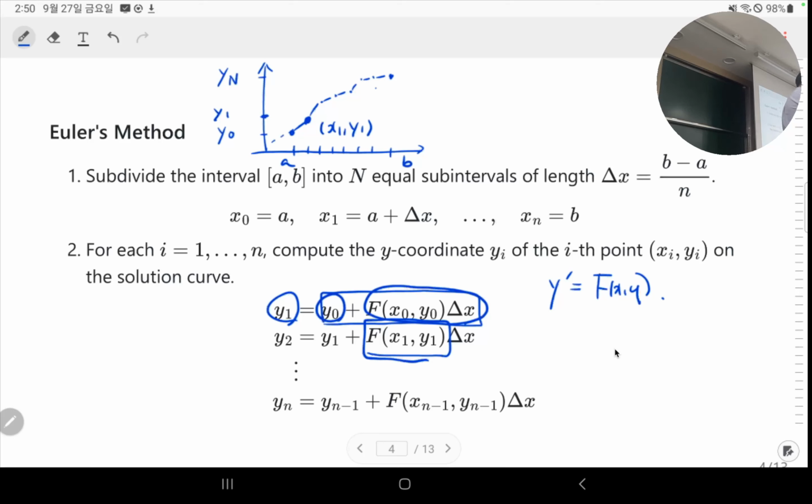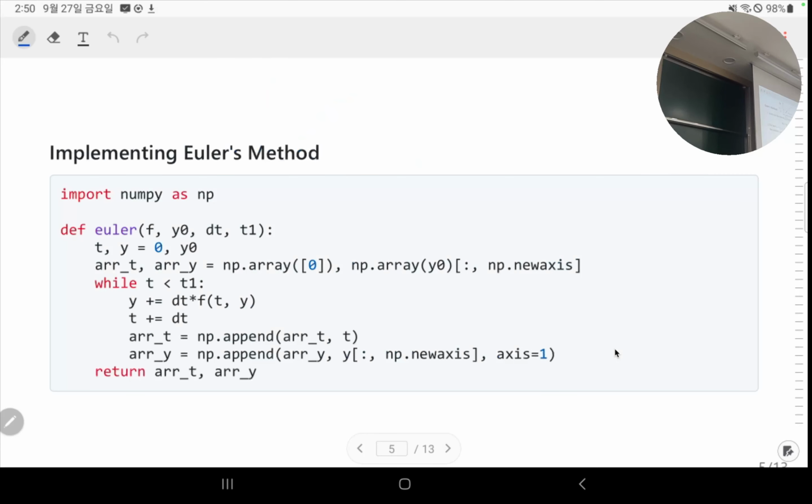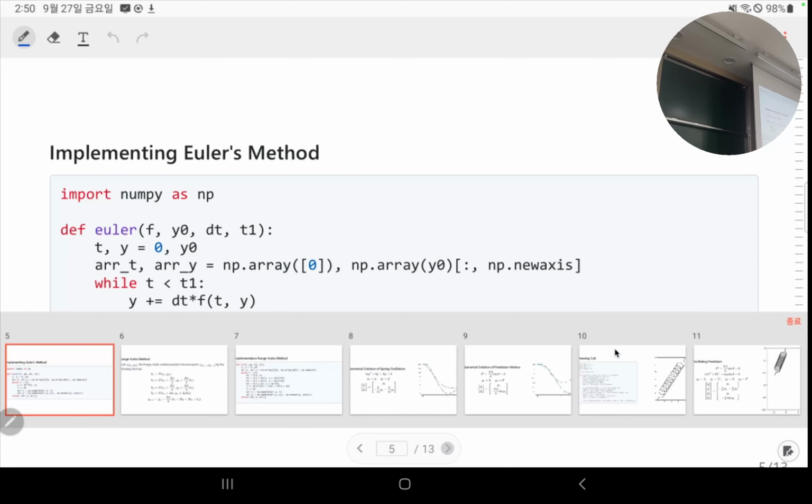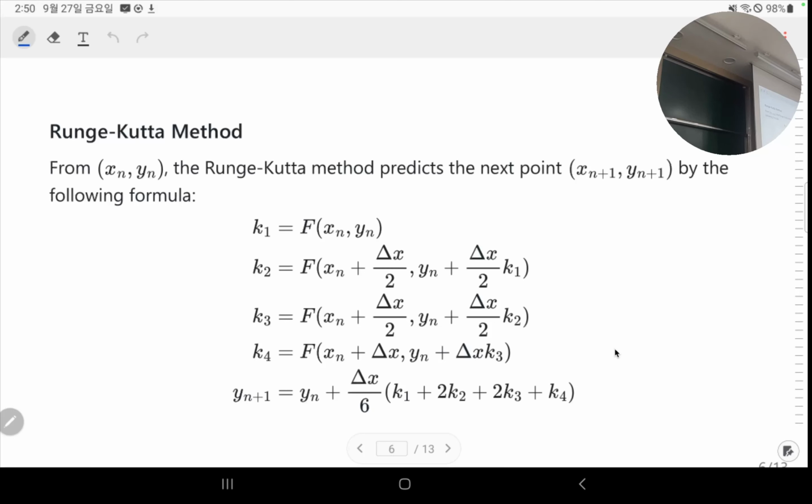At the end, you might not get an answer that is close to the actual value. There are many other algorithms to get better results. One of them is the Runge-Kutta method.